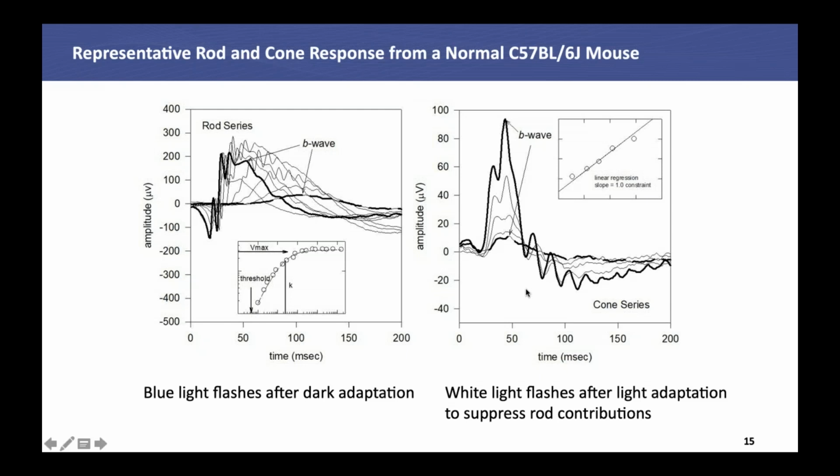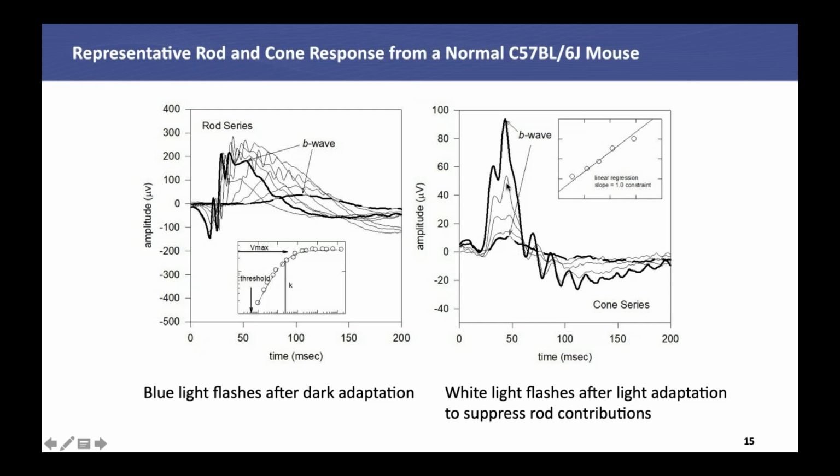On the right-hand side is a series in which we look at cone function. After we dark adapt animals and do this testing protocol, we light adapt them for 10 minutes. This is standard, everybody's doing this. And then we measure the response to increasing intensities using a white flash.